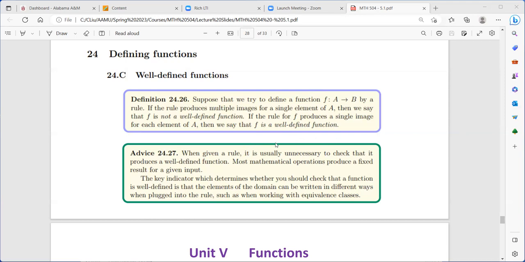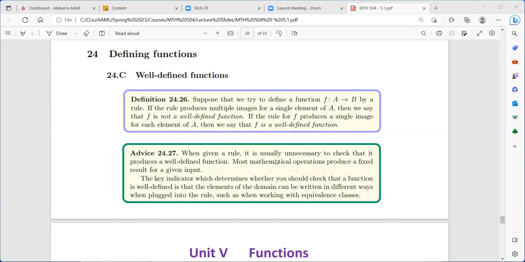This happens especially when we define functions on classes. For example, congruence classes. We talk about that a lot. You can have different inputs in X, then you want to see whether the function value is unique, and we call that a well-defined function.